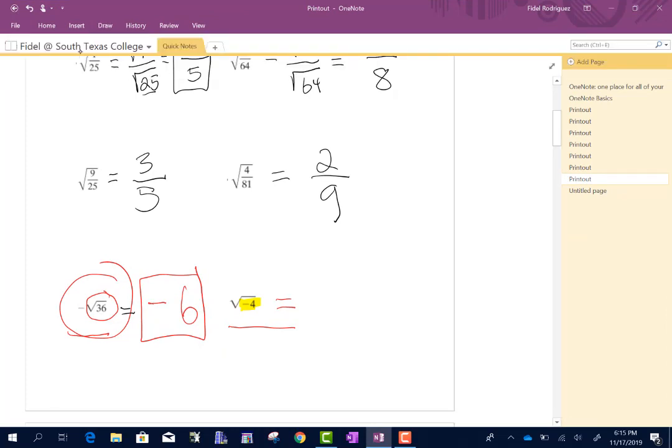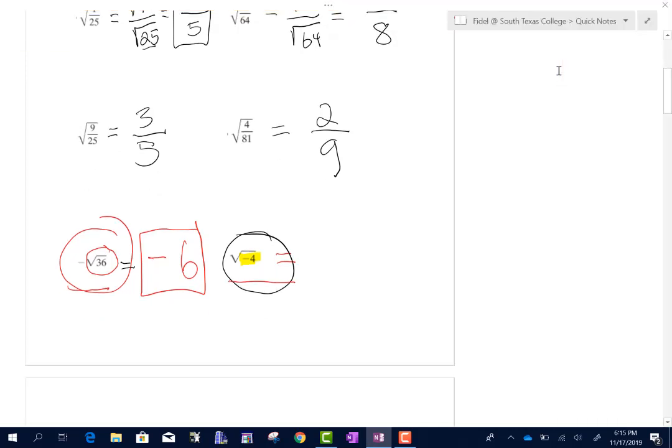And I also know that negative 2 times negative 2 gives me positive 4. So the only way I could get a negative 4 here was if I did a positive 2 and a negative 2, but it has to be the same exact number, and those would be two different numbers. So if we have a negative on the inside, what we say here, this is not a real number, okay?